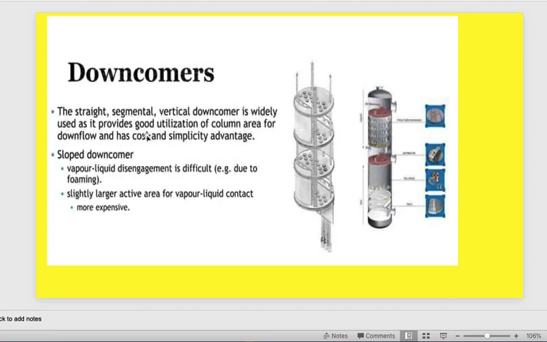Vertical downcomer is widely used to provide good utilization of the column area, to use all the column area and make this overflow safely, considering the distance between one tray and the other. And in some cases, there is a sloped downcomer, sloped like that. Vapor liquid disengagement is difficult due to foaming or something like that, so it's recommended to make the liquid downcomer not straight from up to down but with a slope like that.